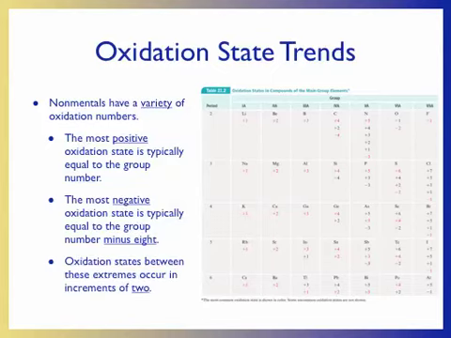Many of the nonmetal main group elements also have oxidation states between these two extremes, the most positive and most negative oxidation states. They usually change in increments of 2. For example, if we look at phosphorus in group 5A, we see that the maximum oxidation state is +5.